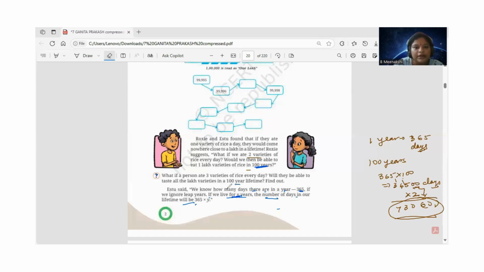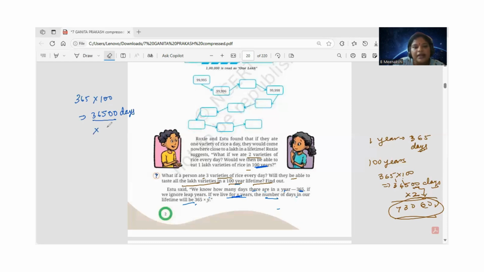Now there is an interesting question. What if we ate at least 3 varieties of rice every day? Will they be able to taste all the lakh varieties in a 100-year lifetime? In 1 year there are 365 days, so 100 years will consist of 36,500 days.